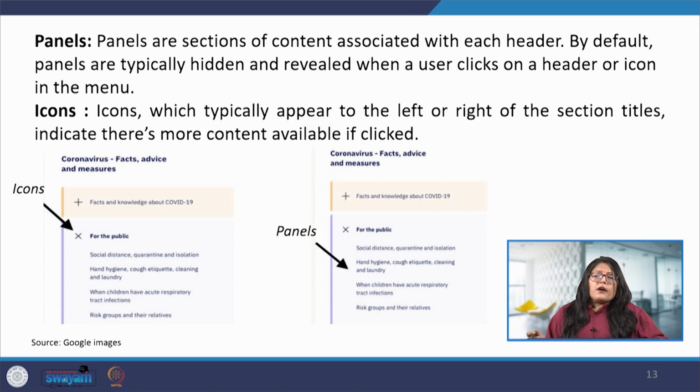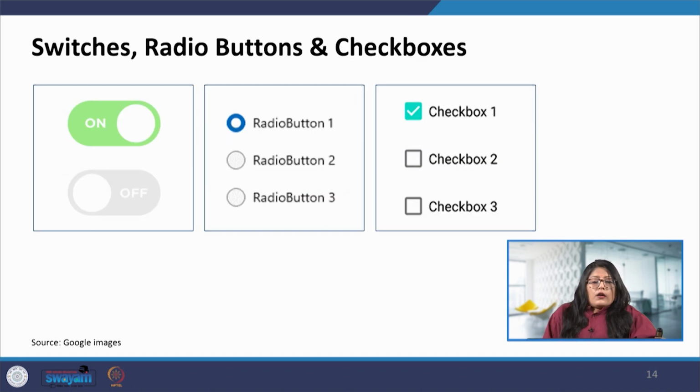Now similarly, there are panels, and again we can see how this plus sign, when we click on it, opens up, and there is further information that the user can read. Now switches and radio buttons and checkboxes. Just like any physical buttons that we use around us, for the radio we tune, for the light switch we turn on and off.